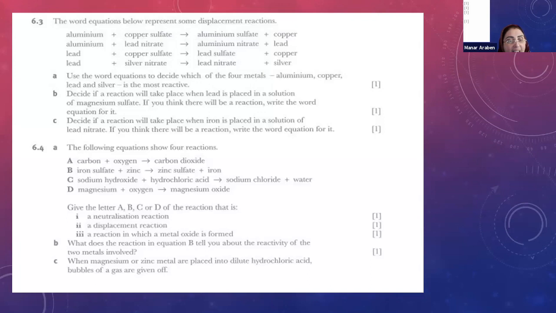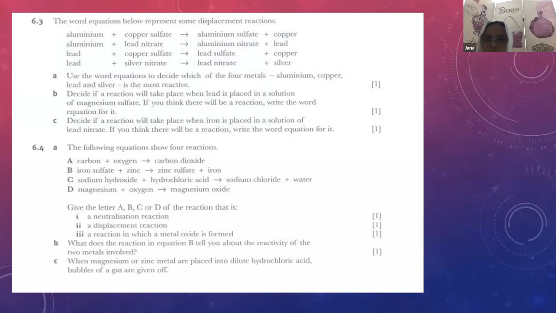Number 3, a reaction in which a metal oxide is formed. D. Great. Question B asks what the reaction in equation B tells you about the reactivity of the two metals involved.